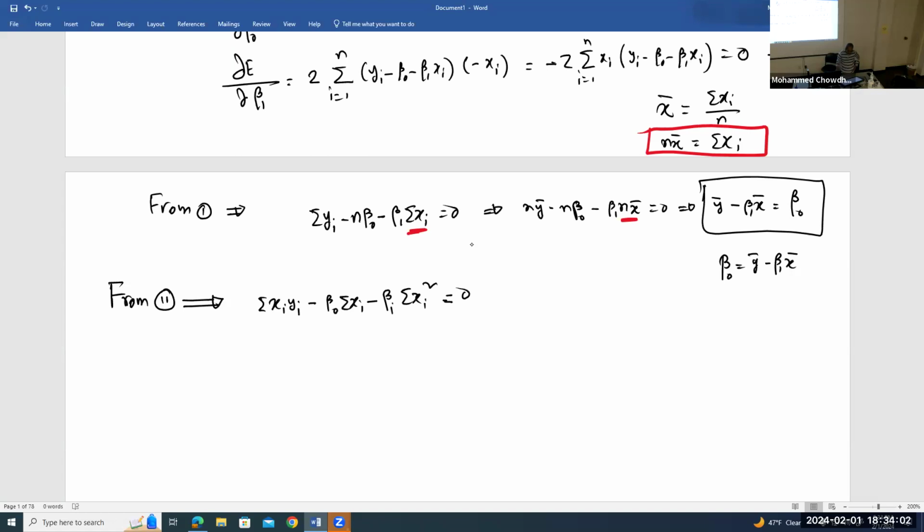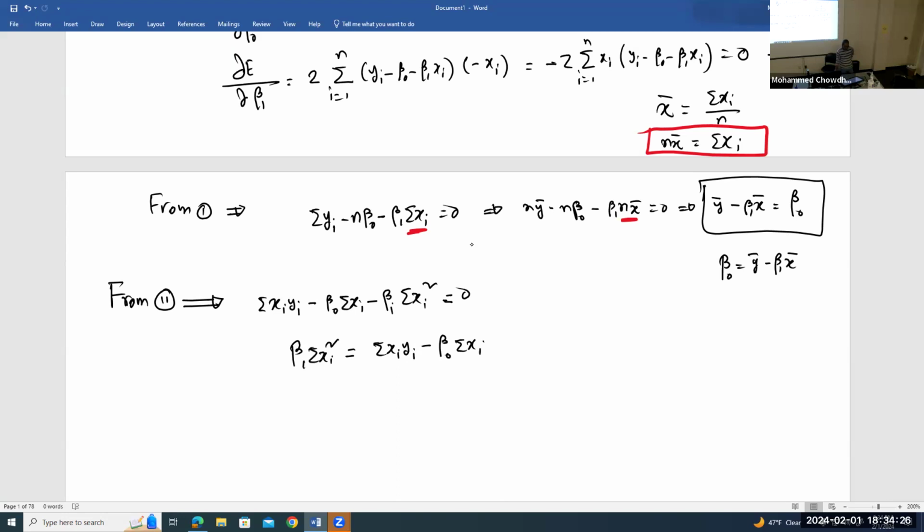Okay? The purpose now is to find beta 1. In order to find beta 1, I can write beta 1 sum of xi square equal to sum of xi yi minus beta 0 sum of xi. That is the way I can write it.